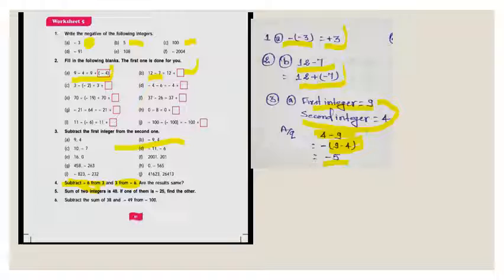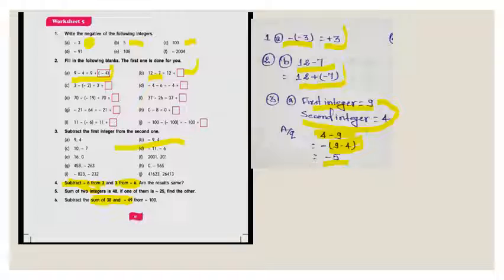Now in question number 6, subtract the sum of 38 and minus 49 from minus 100. In this question you have to give enough time to understand the question. If you get confused in the question, you can't get the proper solution and answer.